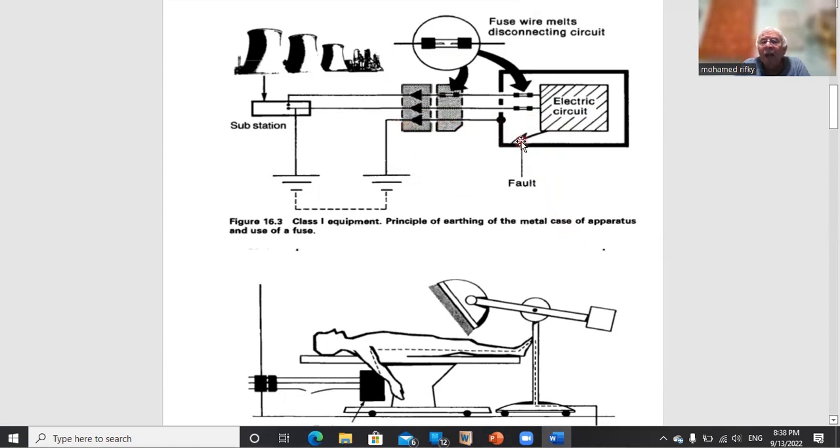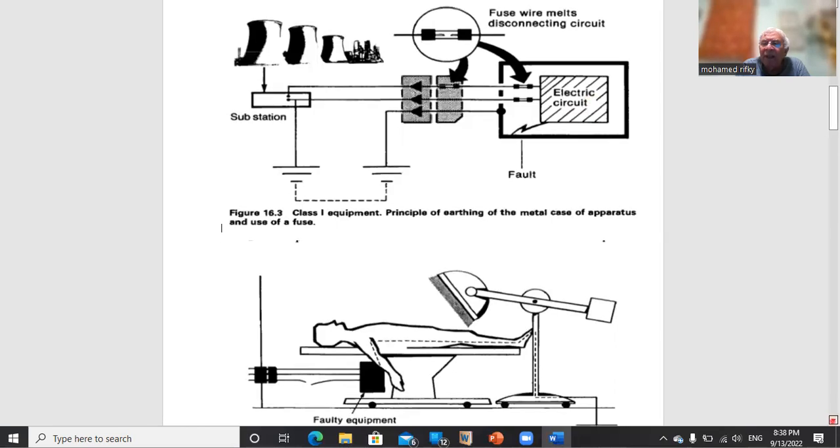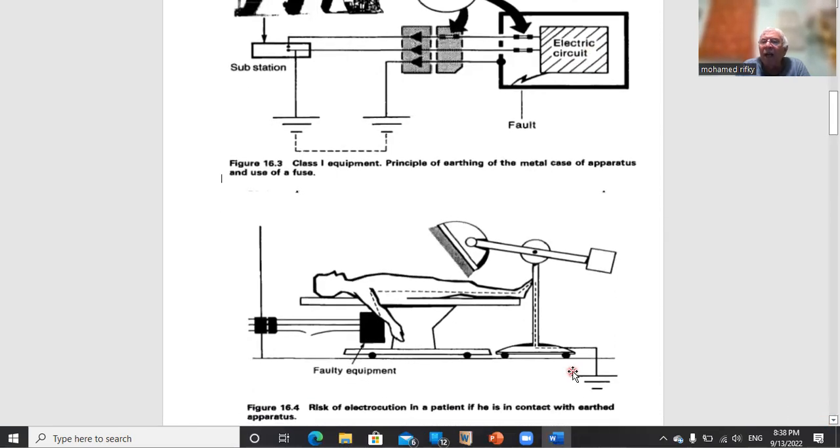The second type is where we reinforce this insulator or double it. So there will be no chance for the patient touching the outer part to be electrocuted. And this is a method showing how earthed equipment can pass the current through the patient.